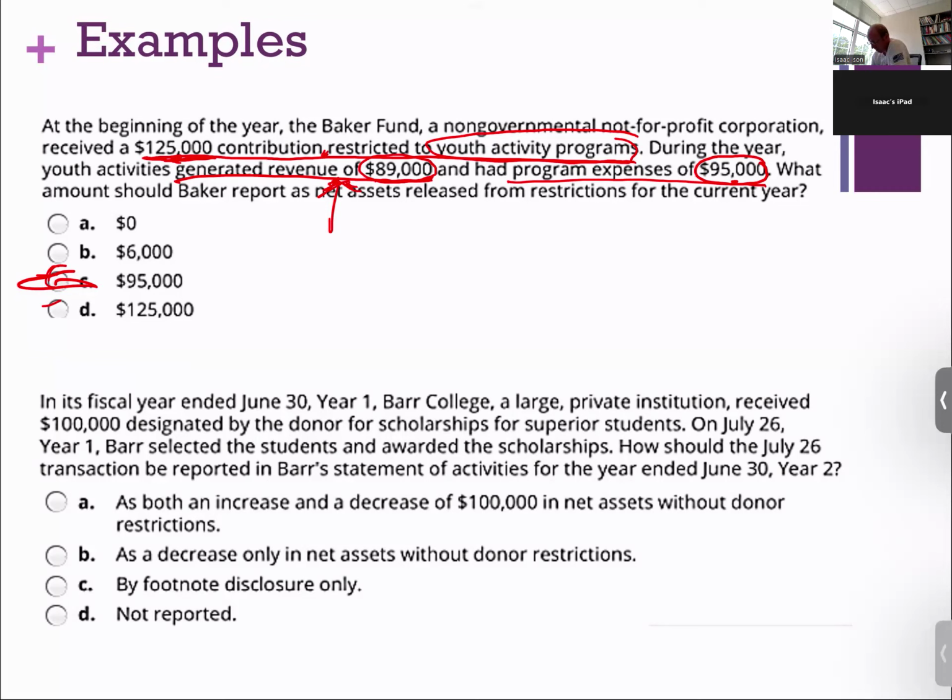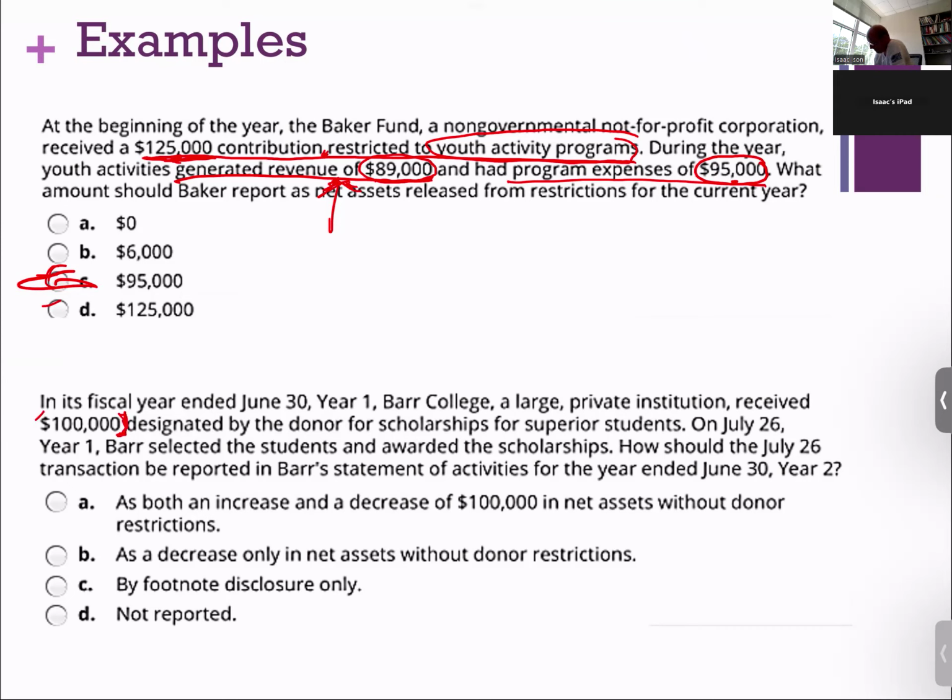In fiscal year ended June 30th, year one, Barr College, a large private institution, received $100,000 designated by the donor for scholarships for superior students. Okay, so we received money and it was for a specific purpose, right?